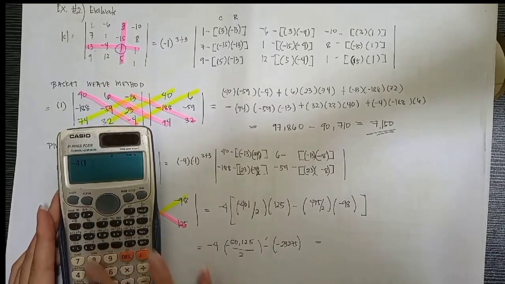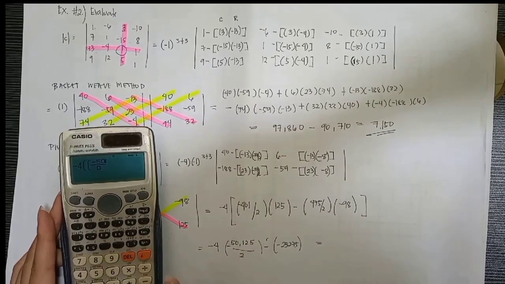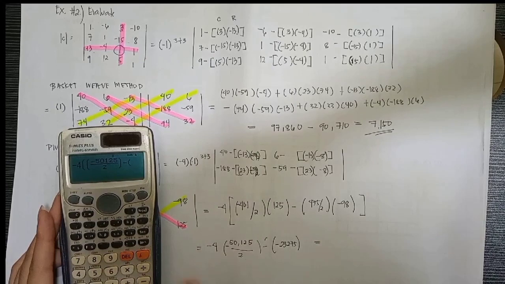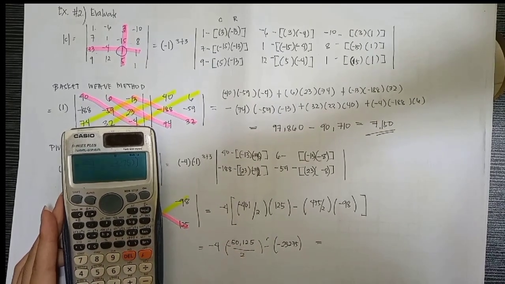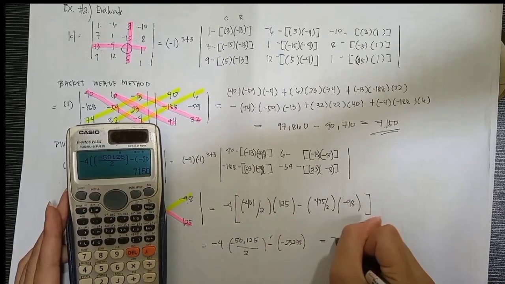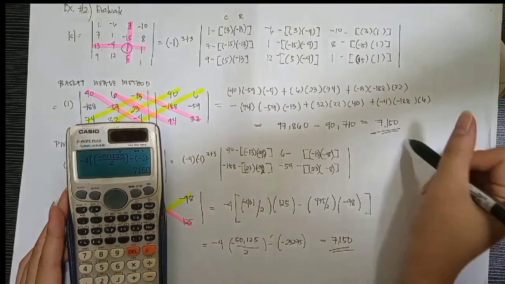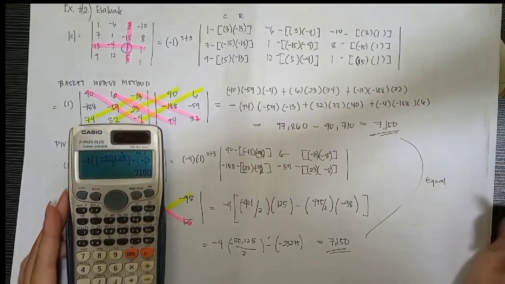Let's simplify. -4 multiplied by -50,125/2 minus -23,275 equals 7,150. Using the basket weave method and the pivotal method, we will also have the same answer.